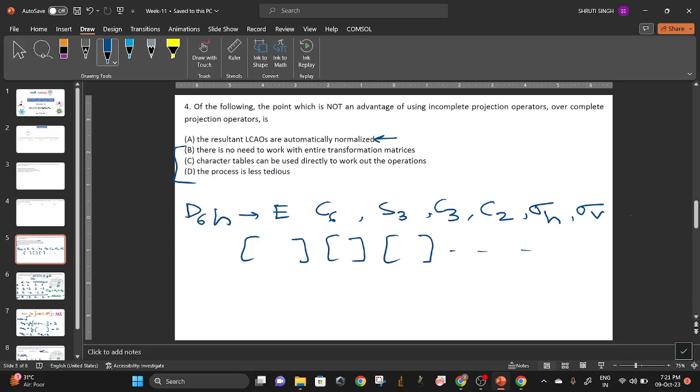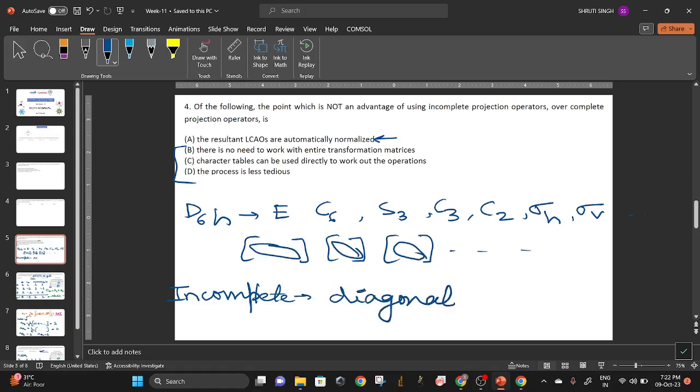But we don't need to do all this, because what is the incomplete projection operator? The incomplete projection operator only cares about the diagonal elements of these transformation matrices. And the sum of the diagonal elements refers to what?